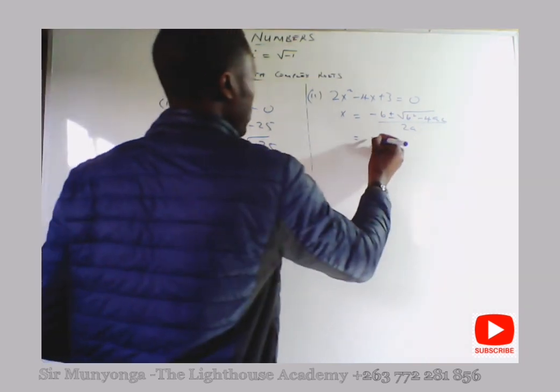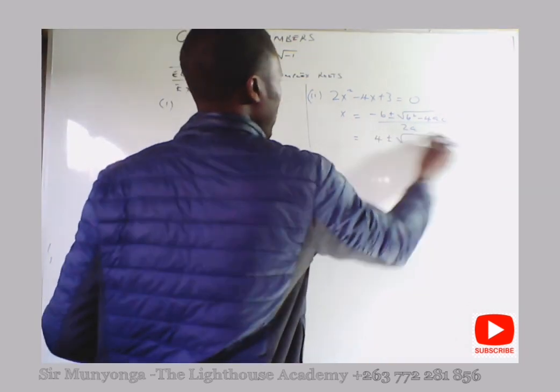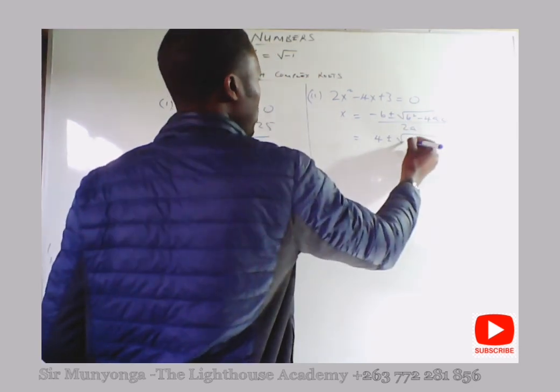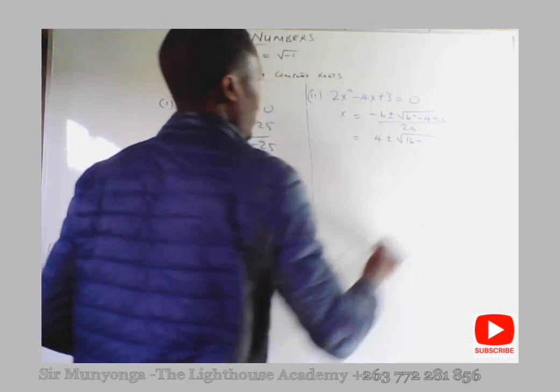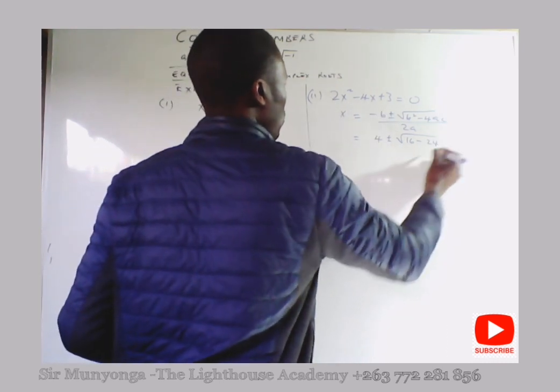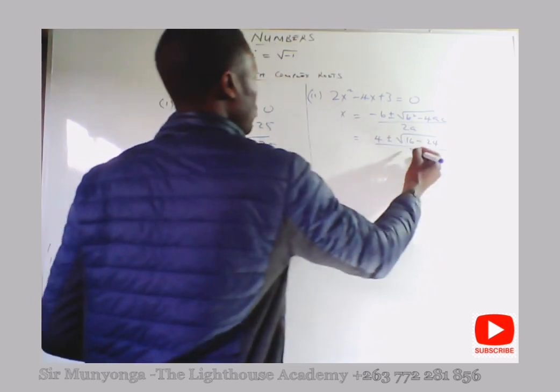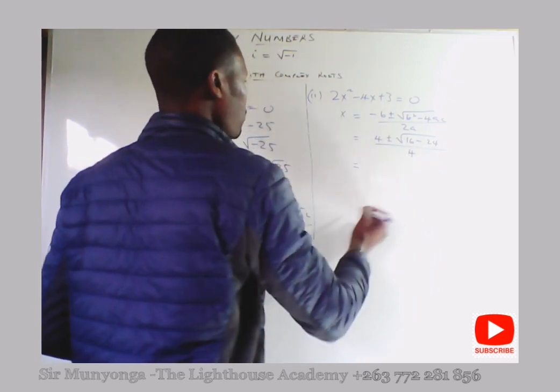So minus b, that gives you plus 4, plus or minus the square root of b squared, which is 16, minus 4 times 2 times 3, which is 24, all over 2a, which is 2 times 2, we get 4.